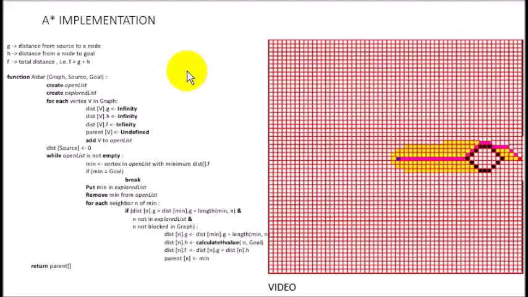The implementation of A star is similar to Dijkstra's with some minor changes. Like here we are using an open list and an explored list as we did earlier, and we are setting all the values of g, h, f to be infinity for all the vertices except the source node, which is set to zero.